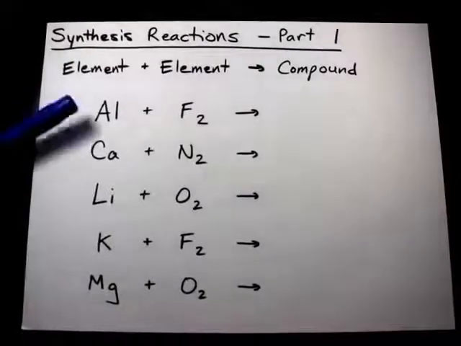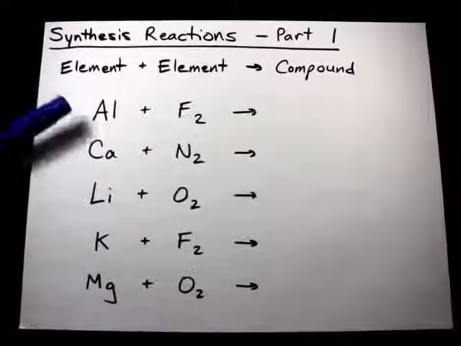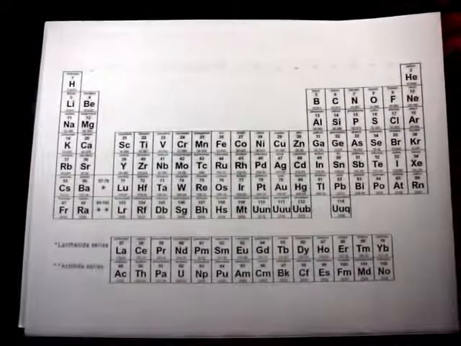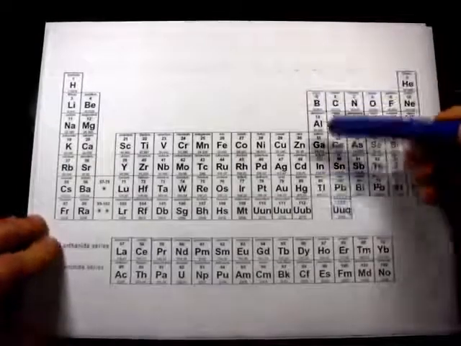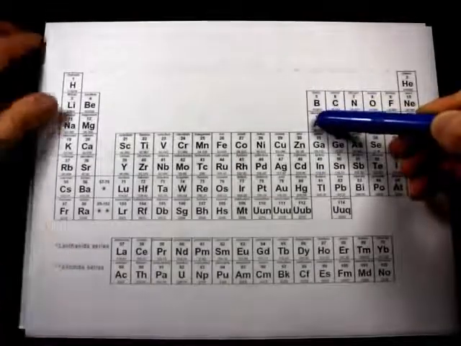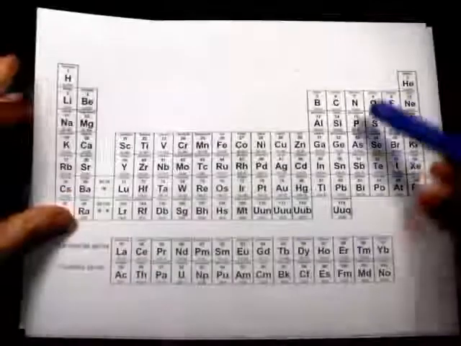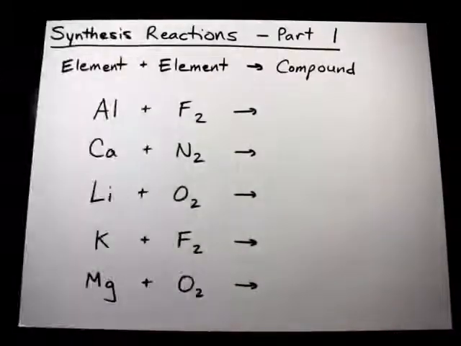What you really need to do is figure out what charge each of these atoms wants when it's in an ionic compound, and you'll need to consult the periodic table for that. Aluminum, being in this group, would prefer a charge of +3, and fluorine, which is what it's reacting with, prefers a charge of -1 because it is a halogen.